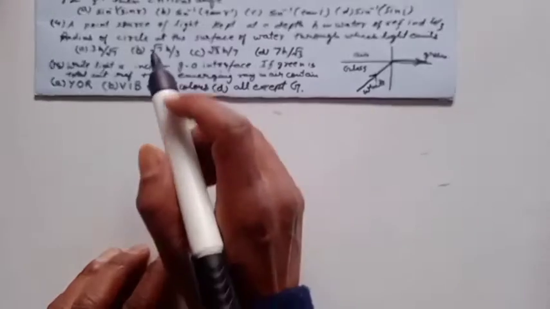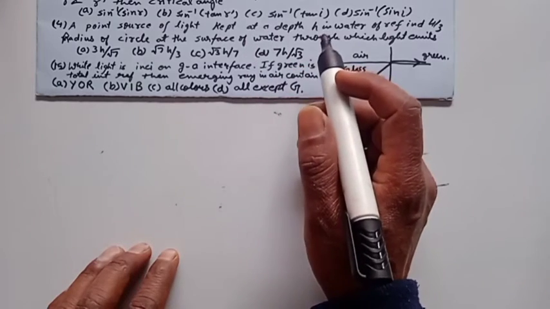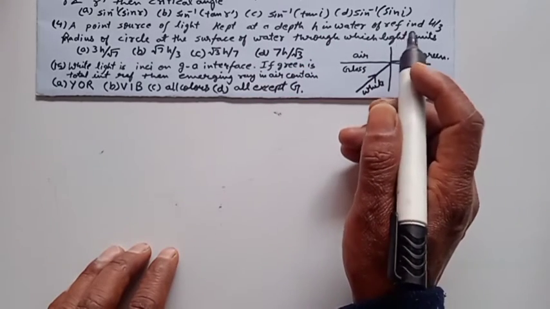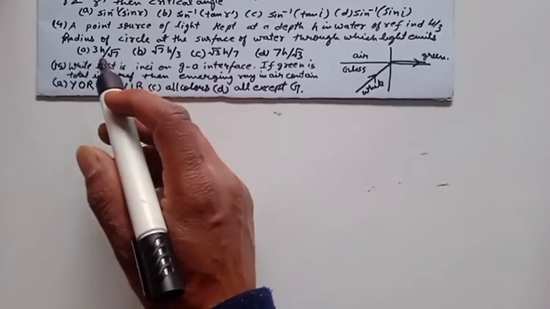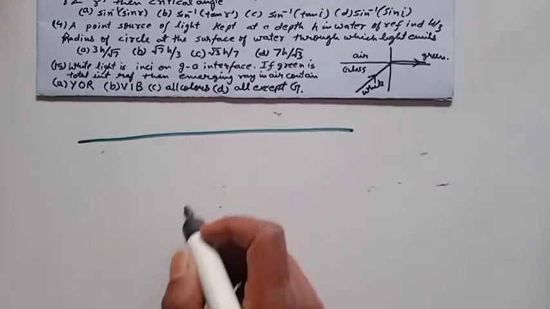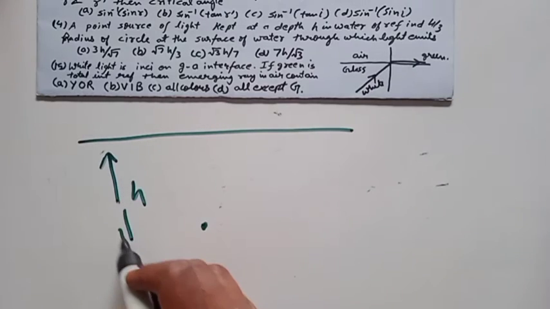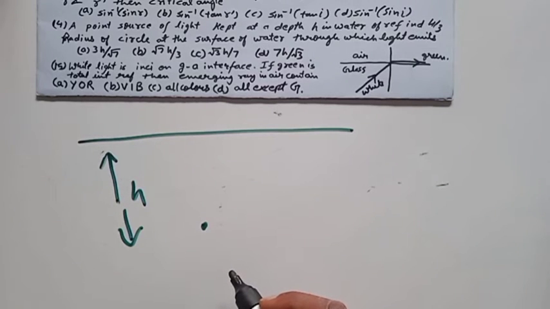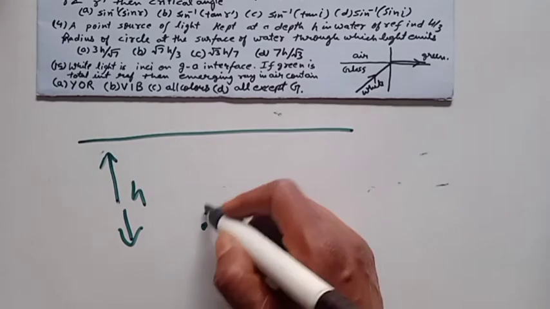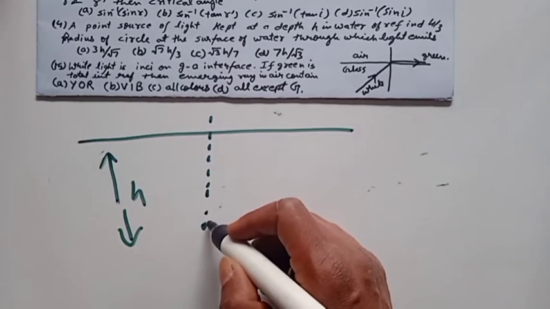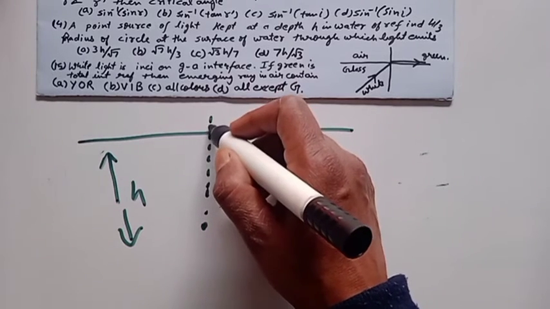Now this one: a point source of light is kept at a depth h in water, refractive index 4/3. Okay, there is water. It is at the depth h, and we have to find the radius of the circle. Actually, I have covered such types of questions earlier also. So, see, if the ray is coming out from here, it will go straight away.